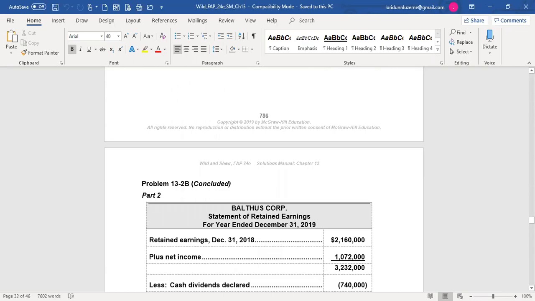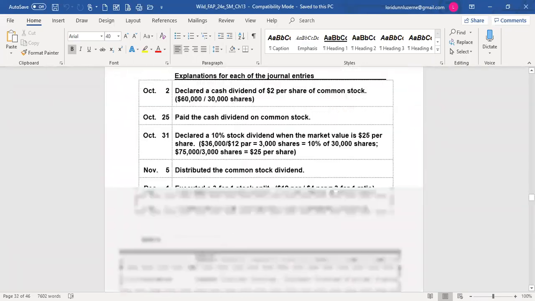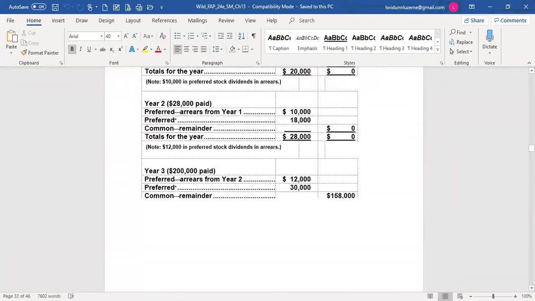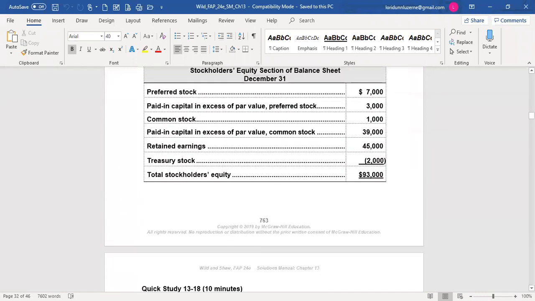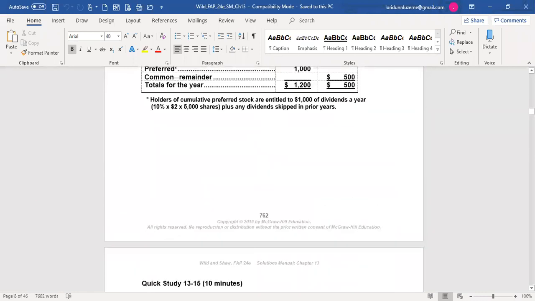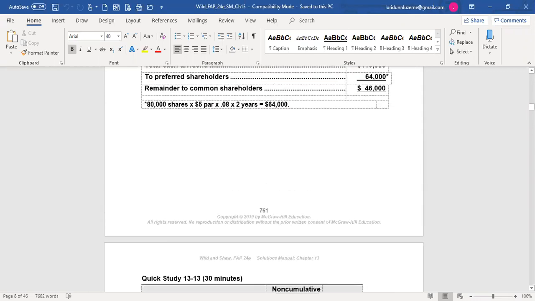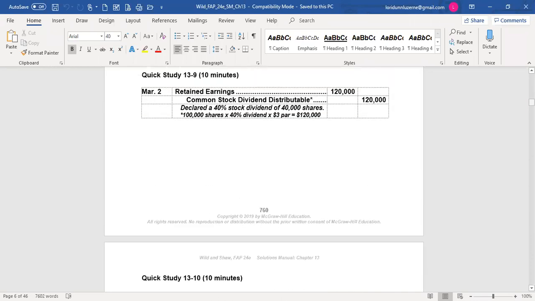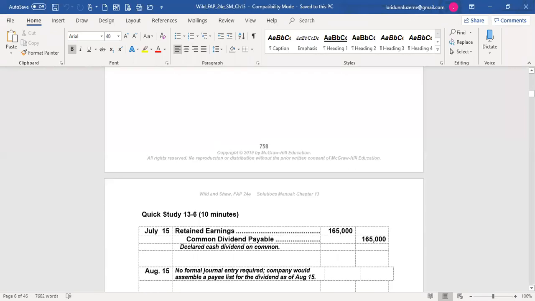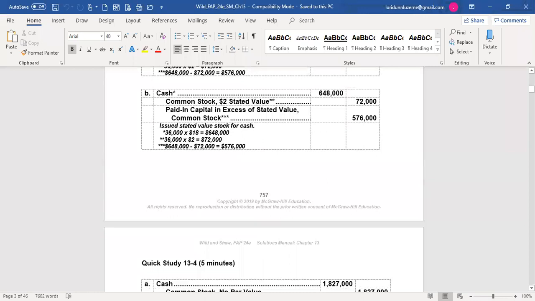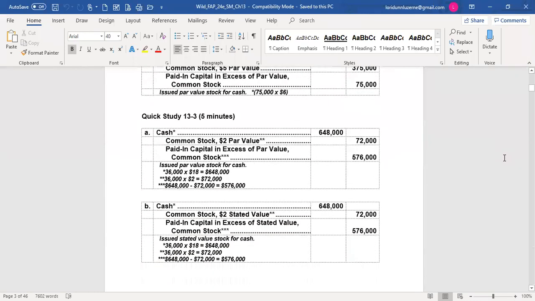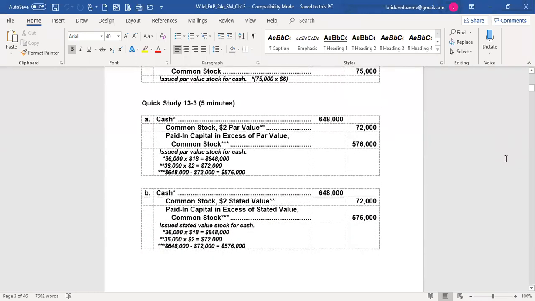So I'm going to go, this is on page 486, to my quick studies here. Sorry, it's going so fast. And I am going to go to quick study 13-3. There we go. Okay. So you have the answer right in front of you there, but let's take a look.